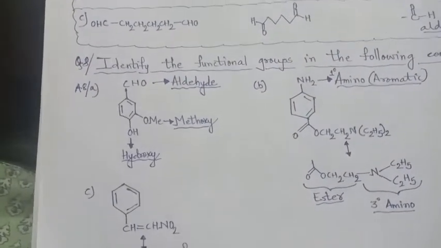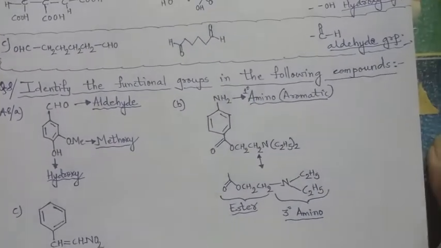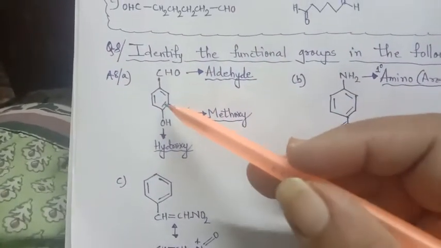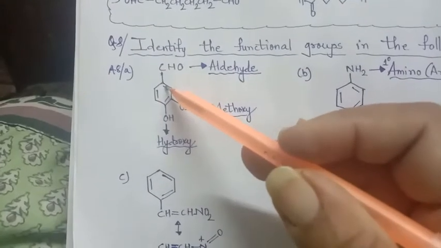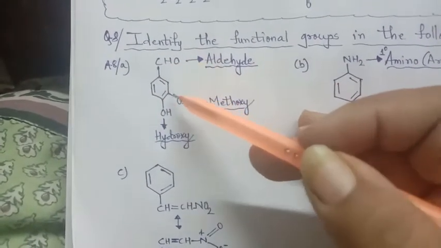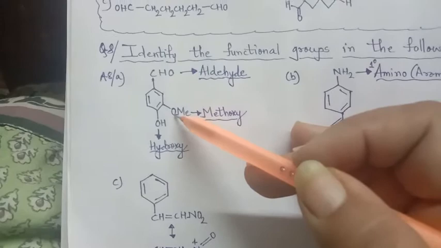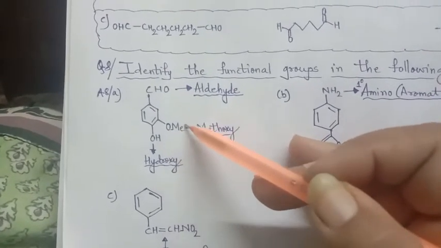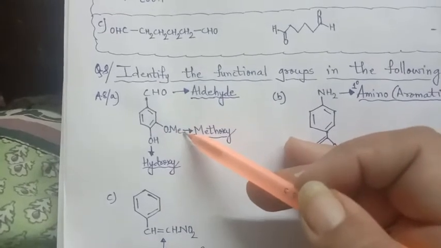The next question is to identify the functional groups in the following compounds. Now here the compound is a benzene aromatic ring, which is attached by a CHO group, also attached by oxymethyl. Here it is an oxy group with methyl, that is OR, right?